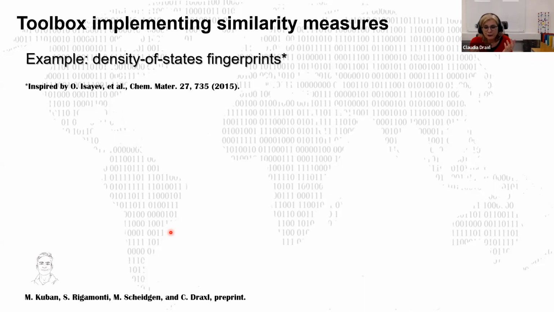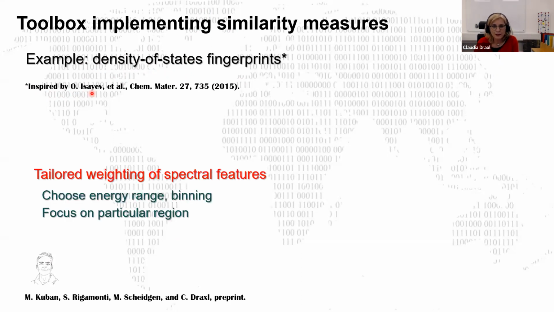For this, we have implemented a toolbox that can measure similarity. The most important example I'd like to present today is the so-called density of states fingerprint. We compare materials in terms of their electronic structure by looking at the density of states. We follow work already started by Saif and then in Cotarola's group, but we have further developed it so that we can focus on very specific features.